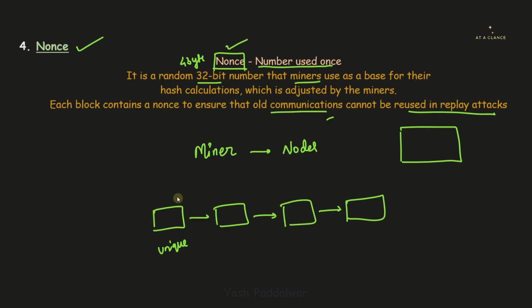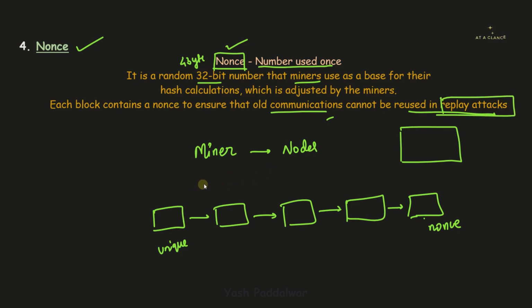That means an older block cannot come as a new block in the network, because whenever a new block is created, the verification will be done and miners will assign the new nonce, or I would say the unique number, to the newly created block. And that is why a replay attack cannot occur.